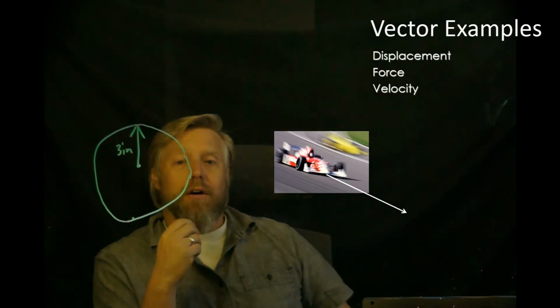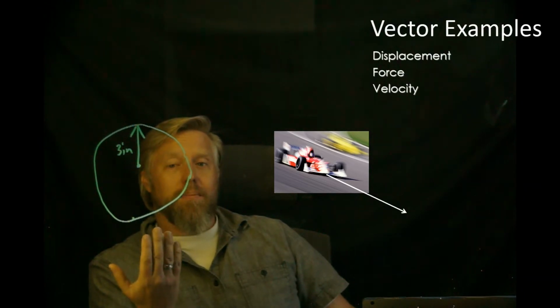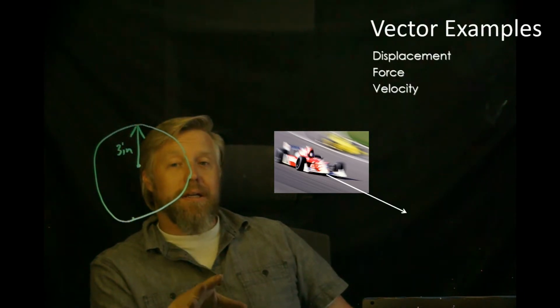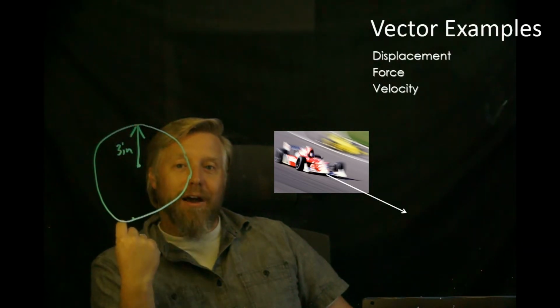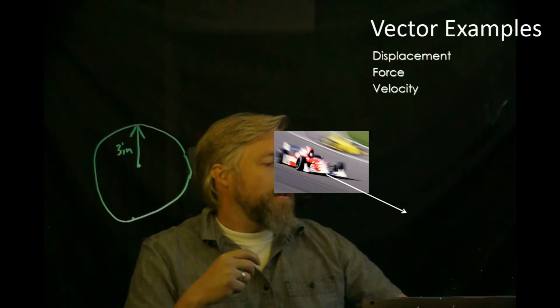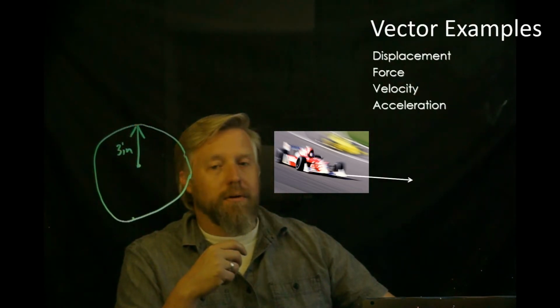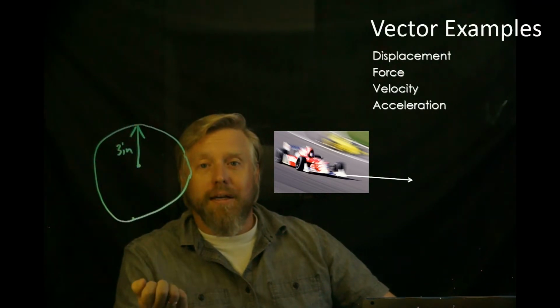Velocity also has a magnitude and direction. This race car, you could say it's going 100 miles per hour, but that's just the speed. Speed is the magnitude of velocity. To have velocity, you'd have to say it's going 100 miles per hour and give the direction. And of course, acceleration is also a vector. You're going to deal with velocity and acceleration more in dynamics.